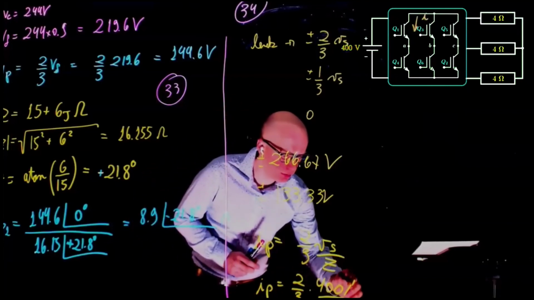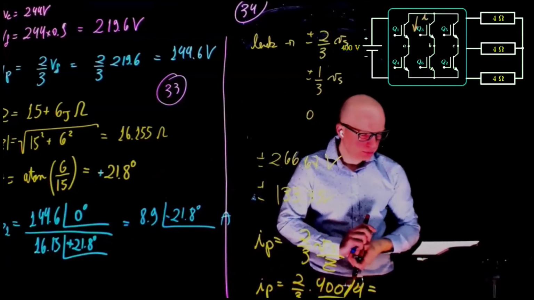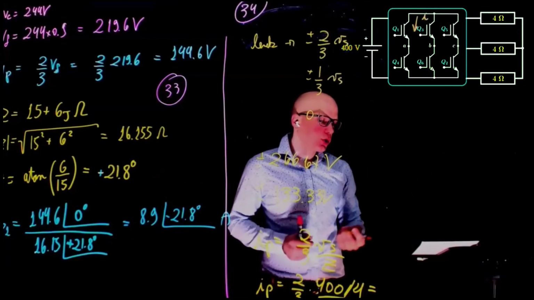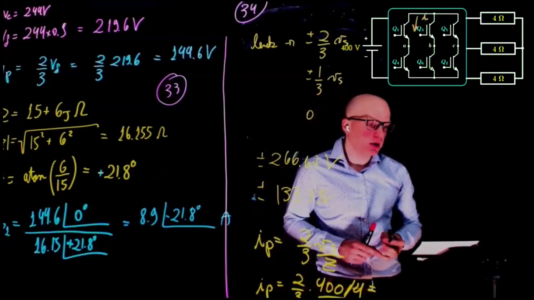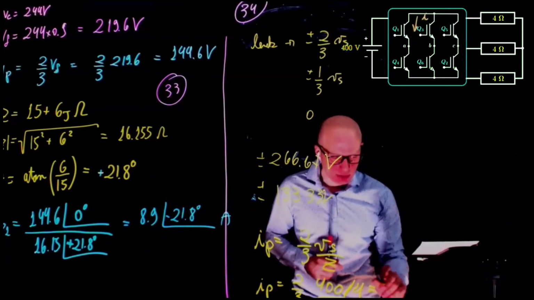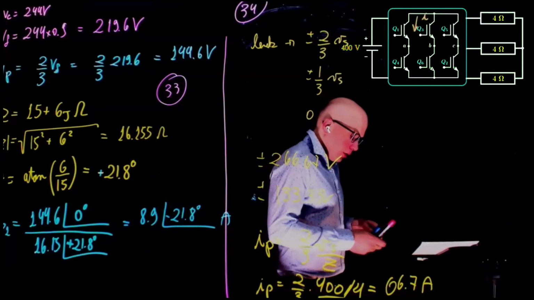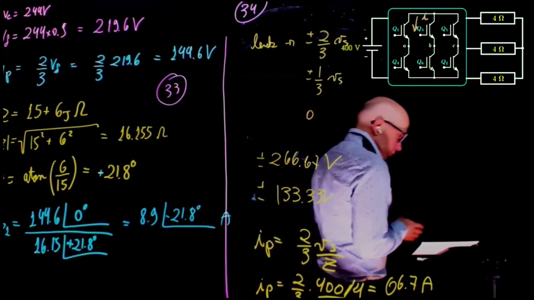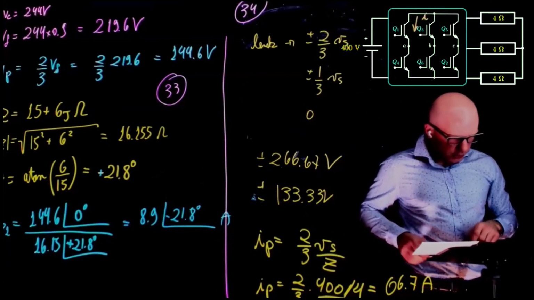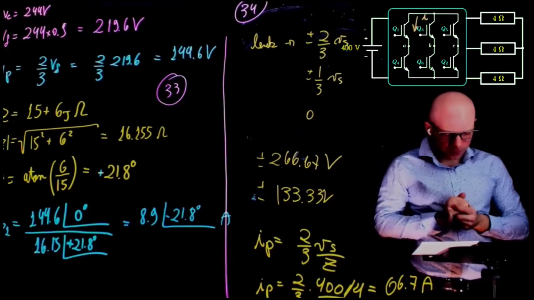How come in this example we don't find the fundamental voltage by multiplying? Because the question didn't specify. It's just the peak current itself. It's everything combined. So that is 66.7 amps. Okay, so that's relatively simple. There's no need to complicate this any more than that.